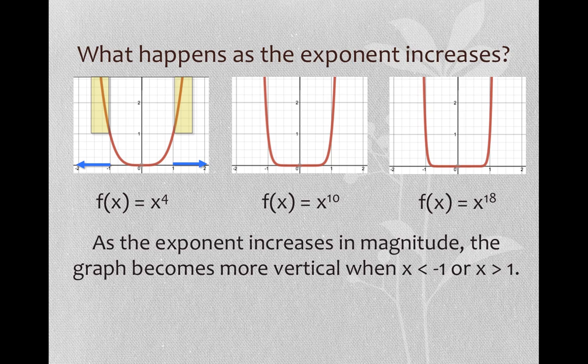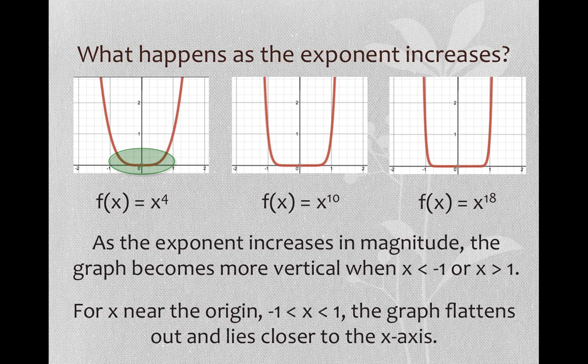As the exponent increases in magnitude, as it becomes bigger, the graph gets more vertical when x is less than -1 or greater than 1. Okay, that's these places. And near the origin, between -1 and 1, the graph flattens out and it lays down closer to the x-axis.